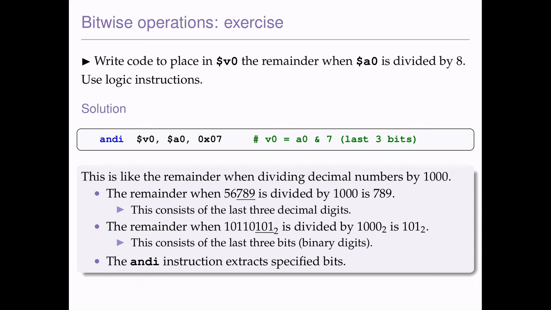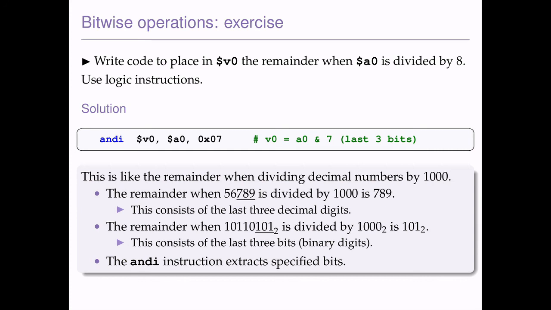If the 16 is set, it's divisible by 8. If we have 24, then that's 16 plus 8. And if we have 32, that's the 32's column. 40 would be 32 and 8. 48 would be 16 and 32. So really it's just the first 3 columns that we care about. That's the only bits that are going to produce a remainder in this example.